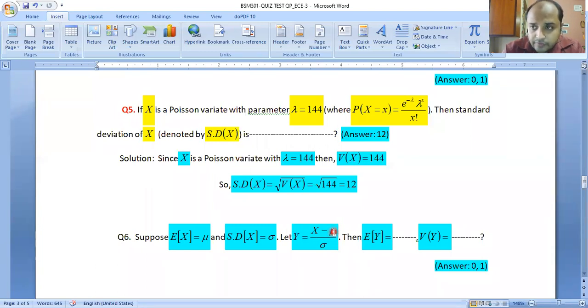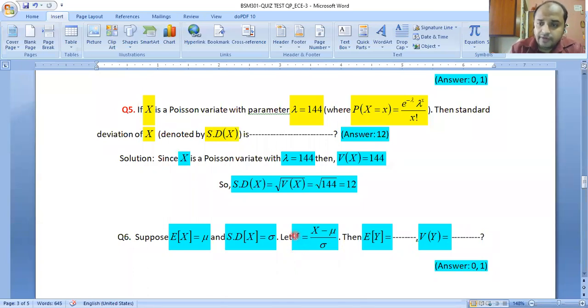By the property of expectation, that is expectation of x minus expectation of mu. Expectation of x is given to be mu. And expectation of mu is the average, a constant quantity, so expectation of mu will be mu. So we get mu minus mu, and therefore expectation of y is 0.